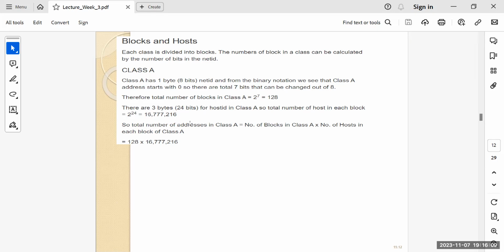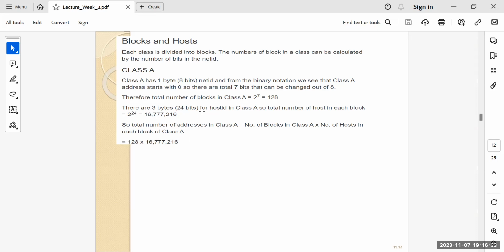So how many total houses are there? Since there are 128 blocks and each block has these many addresses as hosts, the total number of addresses would be 2 power 24 multiplied by 128, whatever this number is. It's a big number, a huge number, right?